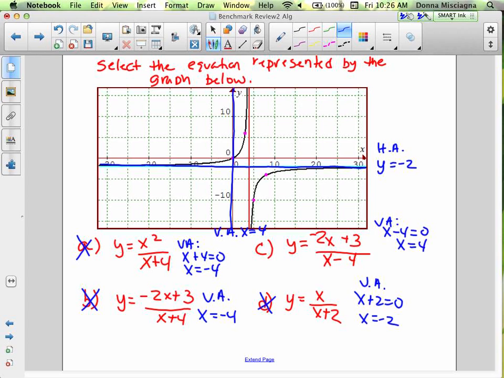Now, we're just learning this upcoming. The horizontal asymptote, these have the same degree. We've learned that the horizontal asymptote is 0 if the numerator has the smaller degree. But if m equals n, then the horizontal asymptote is going to be the ratio of the coefficients.